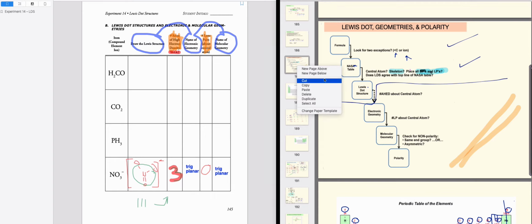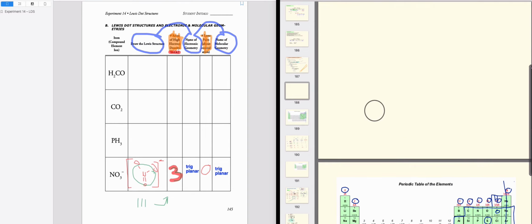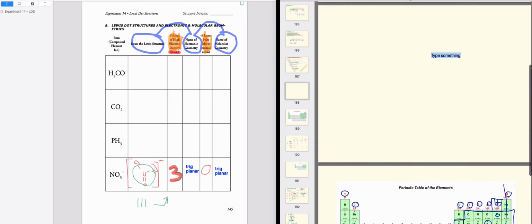Let's see if I can. What could be one that I could do here? Let me do my text right quick.